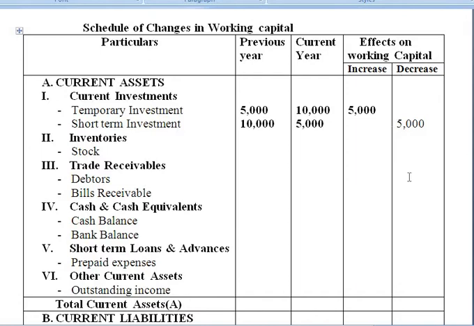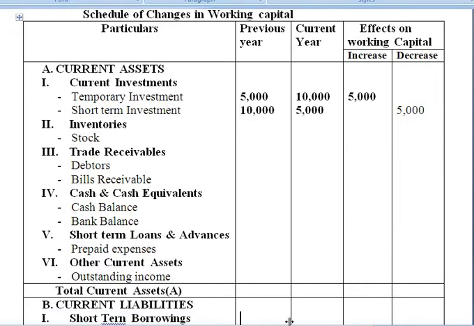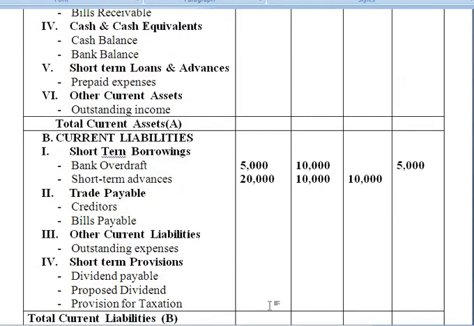Understood? Then after writing all the current assets, we have to make the total, total current assets, opening as well as closing. After that we need to find out the current liabilities.